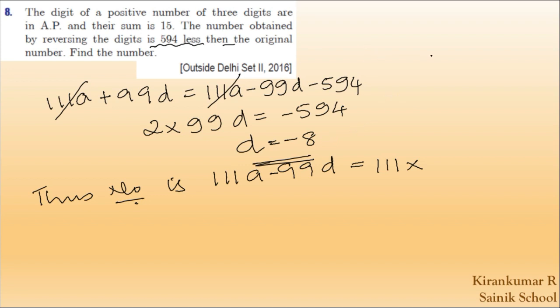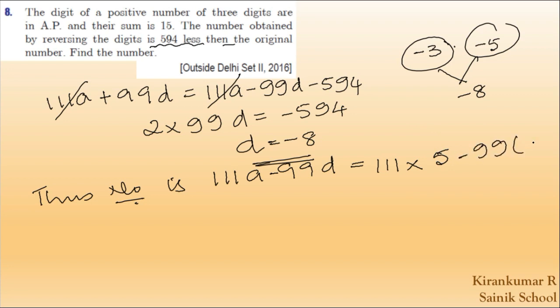What if I consider the numbers to be 5 and minus 3? Taking 5 here, minus 99 times minus 3, we get 555 plus 297, which will be 852.